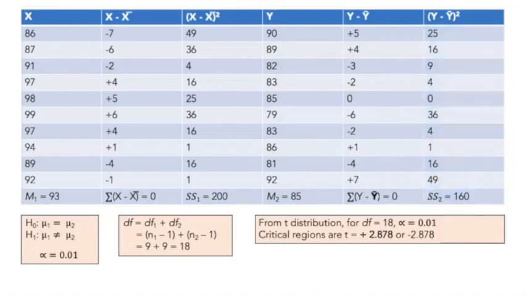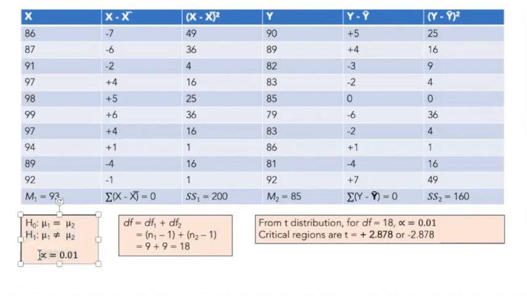Now the next thing that you have to do is to come up with your hypothesis. This is your null hypothesis. The null hypothesis will always say the two groups are equal. And our alternative hypothesis will say no, this is going to be different. There are noticeable, statistically significant differences. We are trying to demonstrate this.